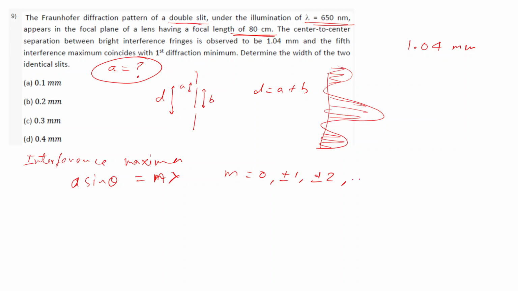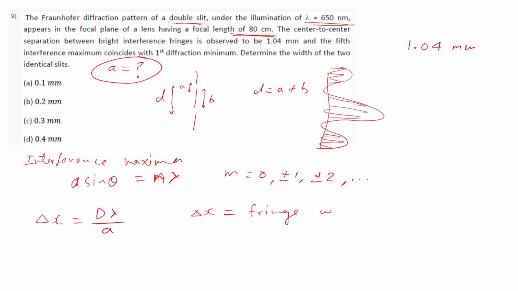Okay. So if A is the slit separation, and from Young's double slit experiment, we know that the position difference in interference fringes is given by delta x equals d lambda by a, where a is the slit separation and delta x is the distance between the fringes. From Young's double slit experiment, we can recall this.